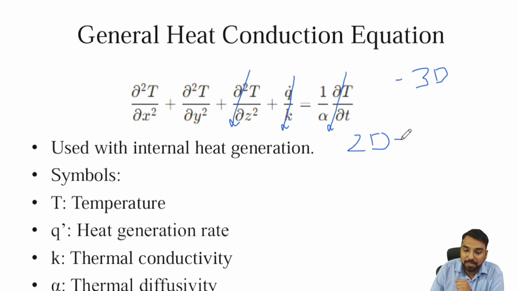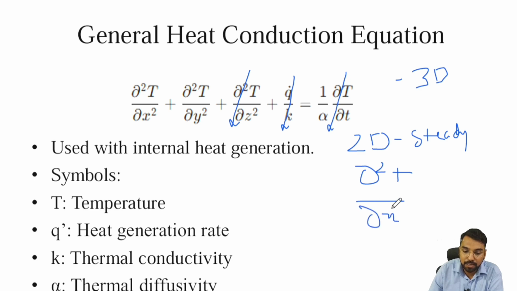So for two-dimensional steady state without internal heat generation, the equation becomes dou square T divided by dou x square plus dou square T divided by dou y square is equal to 0. Simple as that.